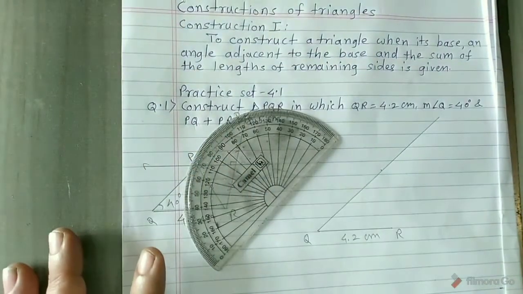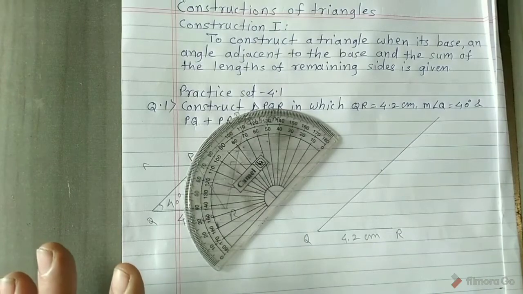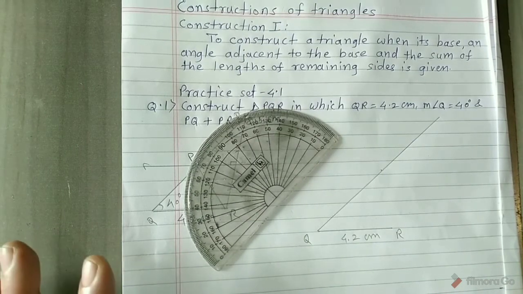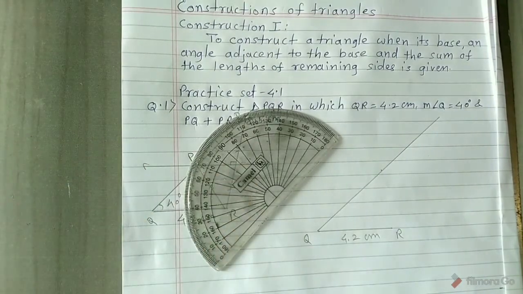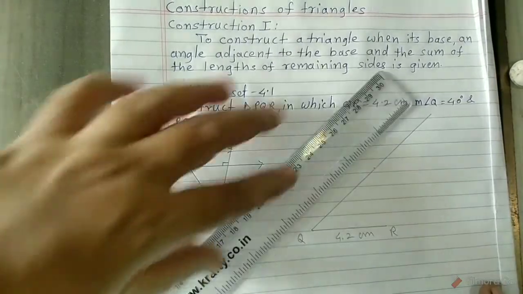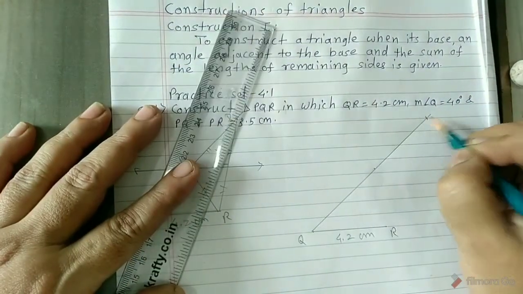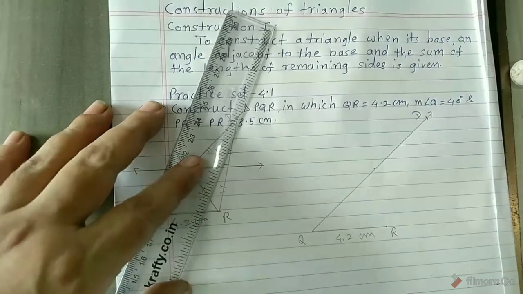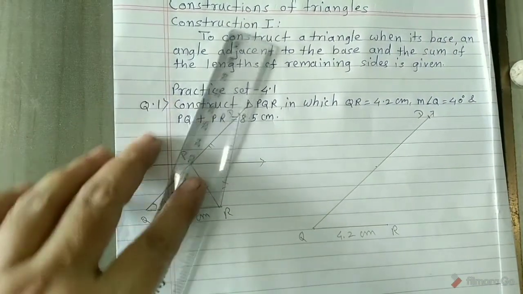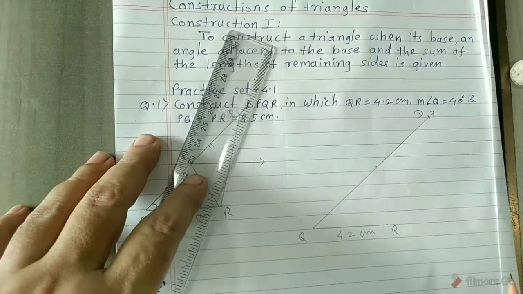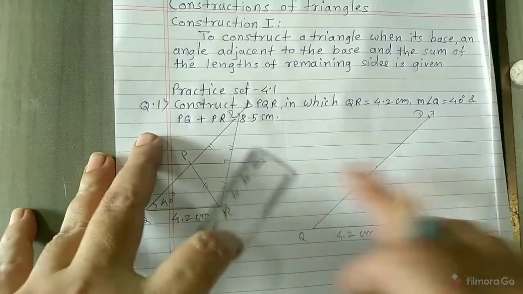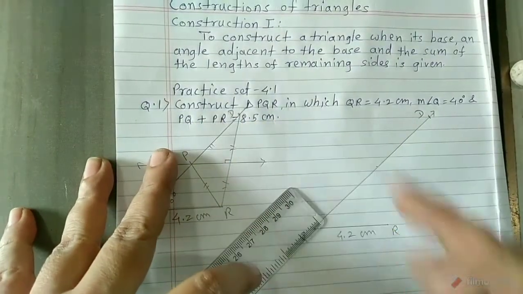Then what is the next step? That is 40 degrees. Now here we take a point D on this side. Now make a point S on the ray QD. So here make QS, which is the given 8.5, the addition of this.